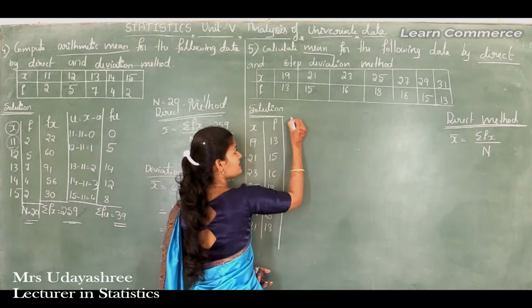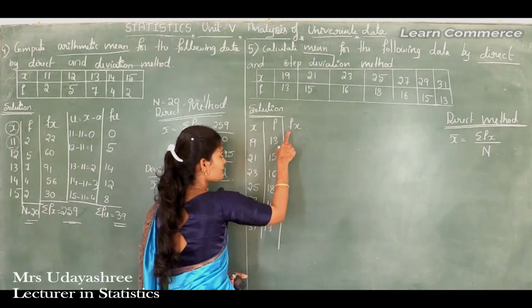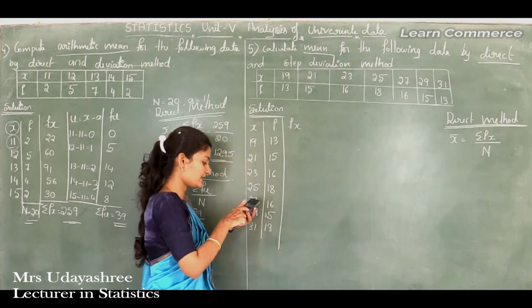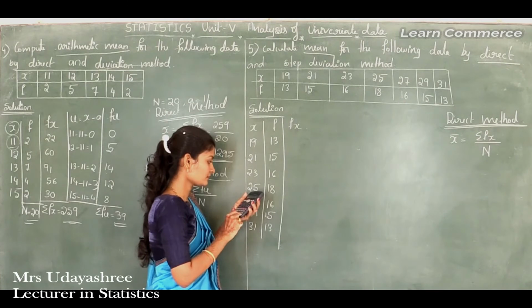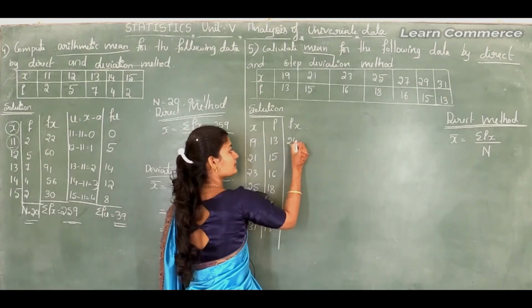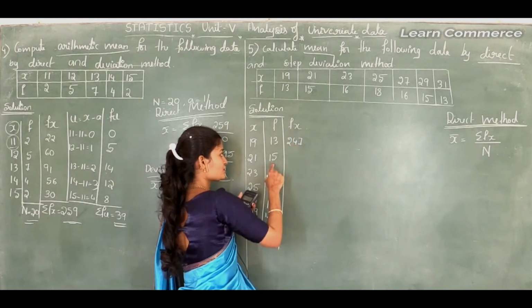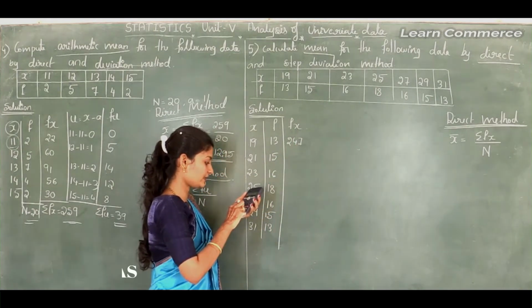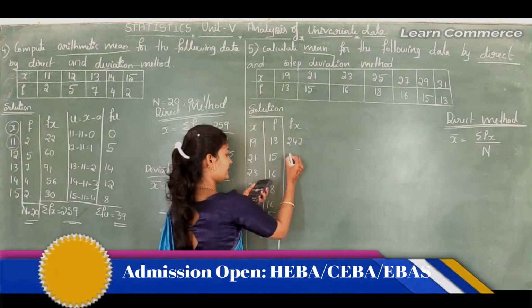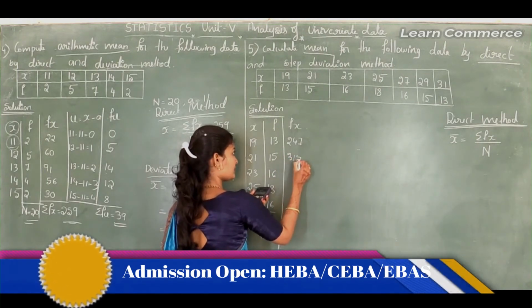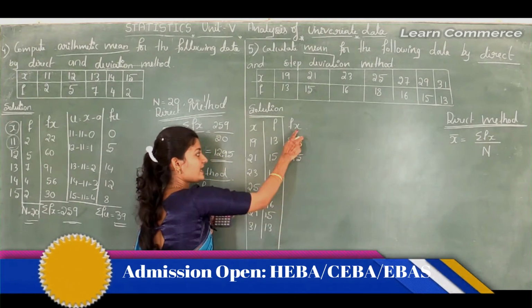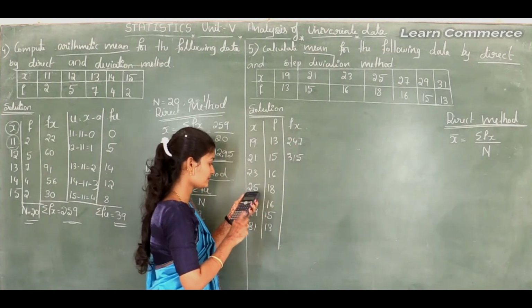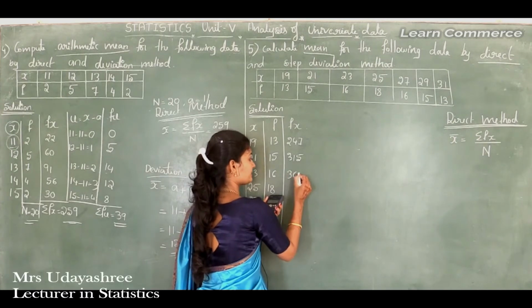So the next column is f into x. The first f observation is 13 and x observation is 19, so 13 into 19 is 247. Next f observation is 15, x observation is 21, so 21 into 15 is 315. Next f is 16, x is 23, so 23 into 16 is 368.